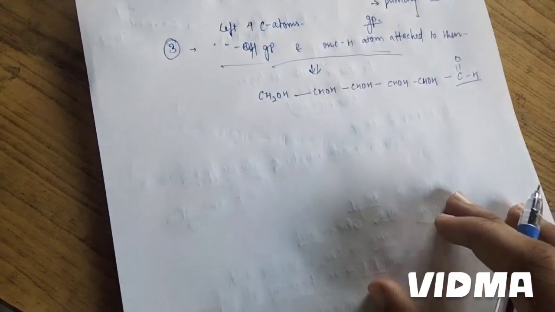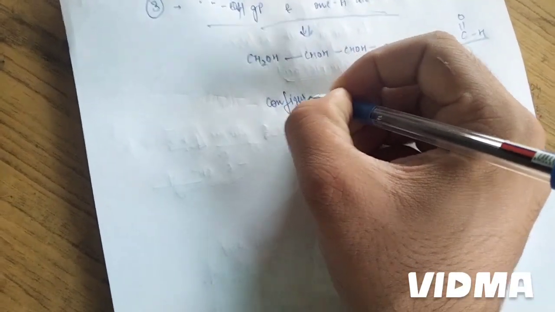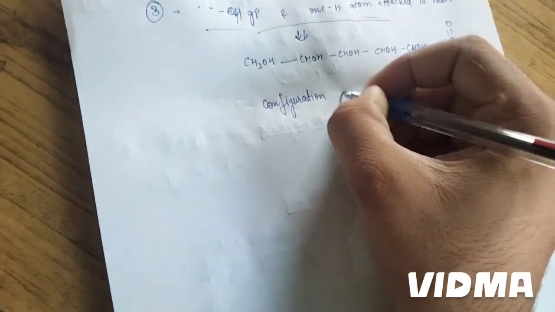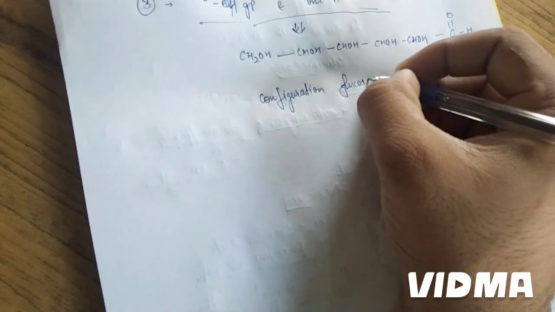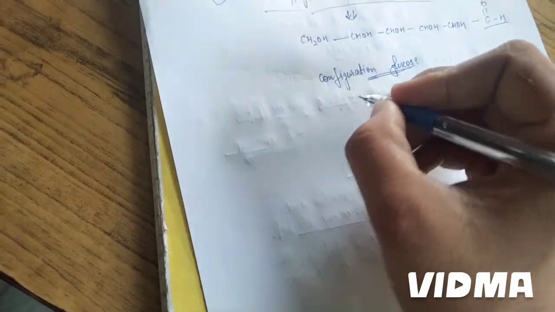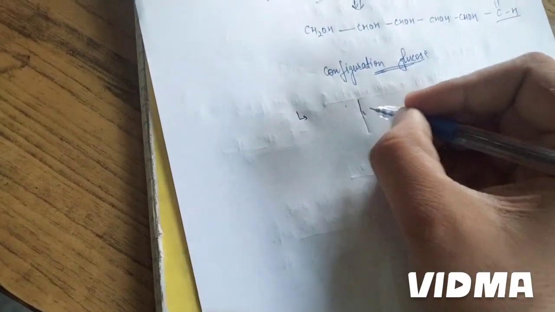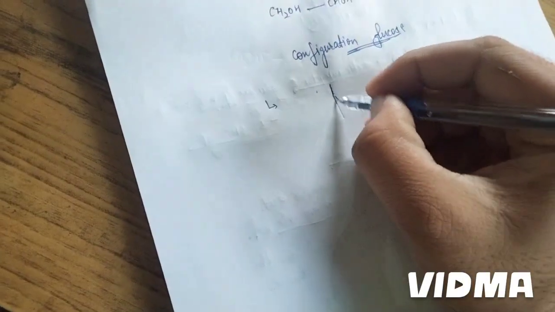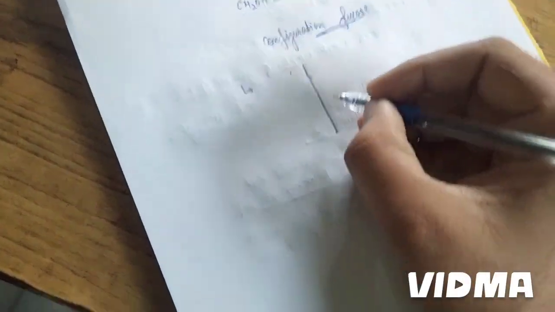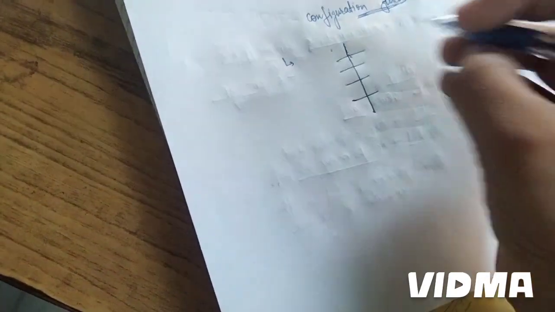Also we can write down the configuration of glucose after experiments, and the configuration which we get is as shown, with carbons 2, 3, 4.